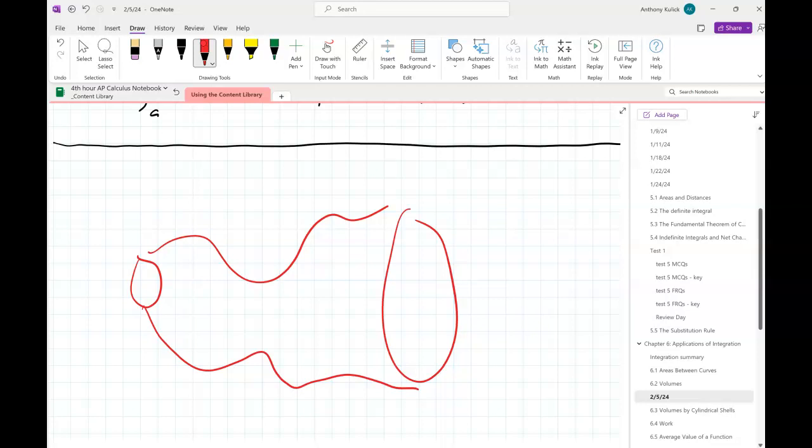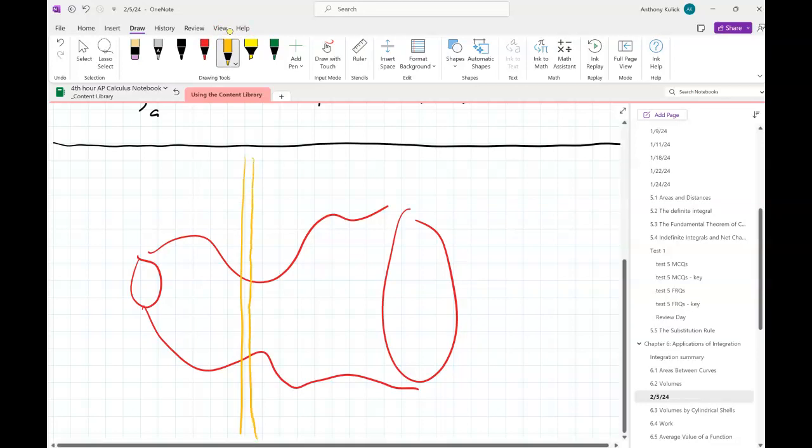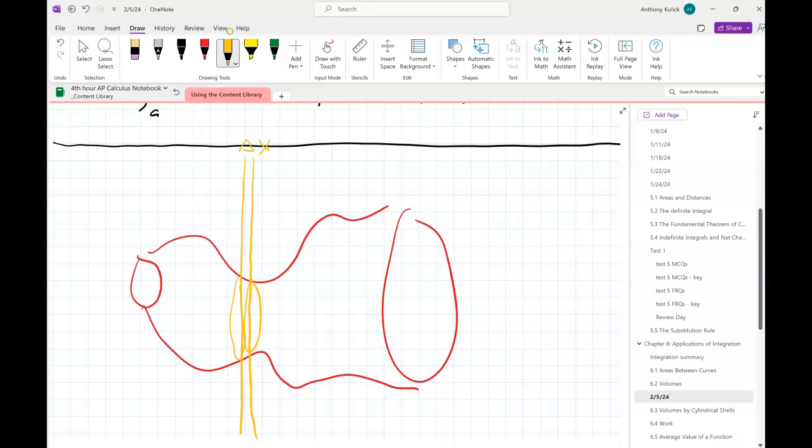The idea was, if I take a little tiny thin slice out of this thing, I end up with something that's basically a little tiny cylinder. And the height of that cylinder is this delta x slice, so I could calculate the volume of that cylinder.